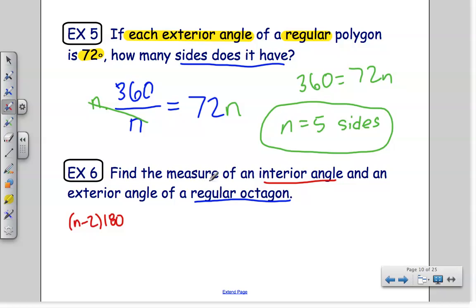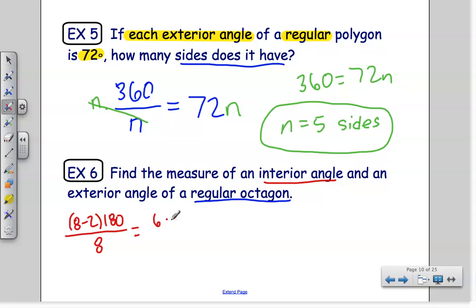That's why we multiply each triangle by the angle measures of a triangle, 180, or the total of the angle measures. But if it's a regular octagon and you're finding the measure of one interior angle, you're going to divide this by how many interiors there are. It's an octagon, which has 8 sides. Remember, in general, you divide by n. So I'm doing n minus 2 times 180, which is 8 minus 2 times 180, divided by 8.